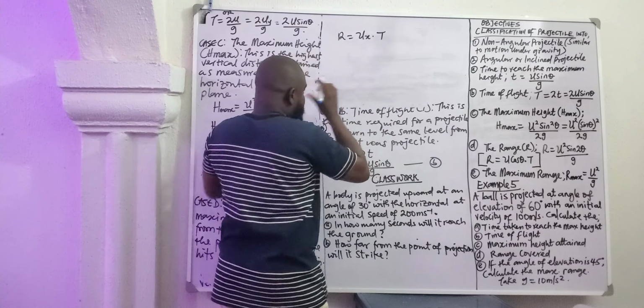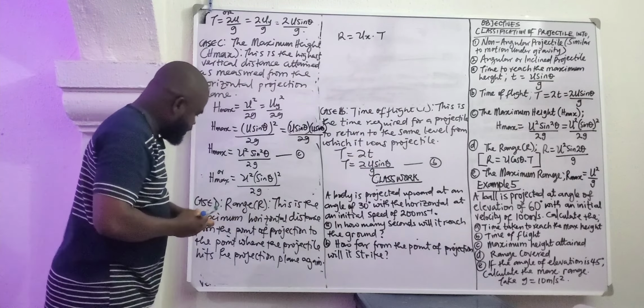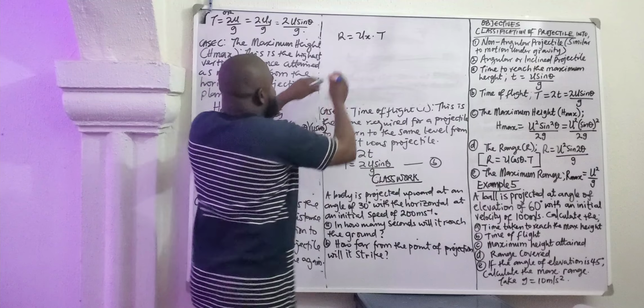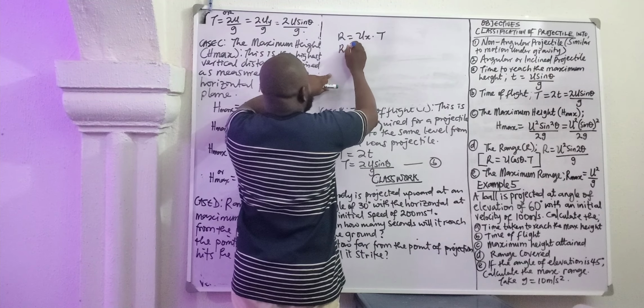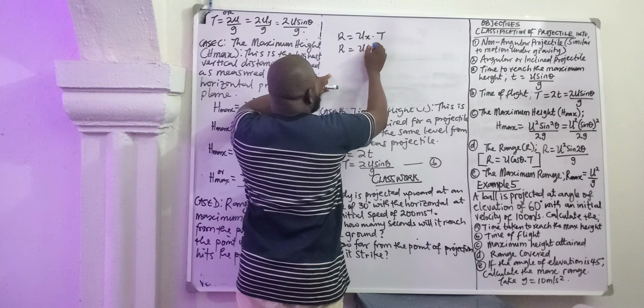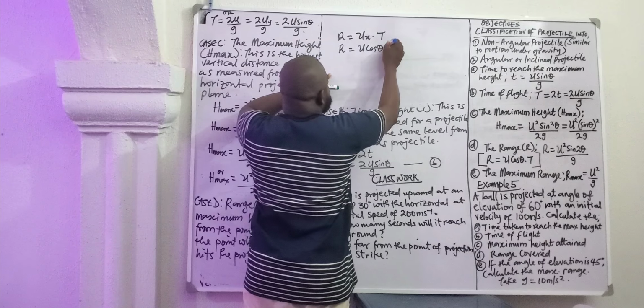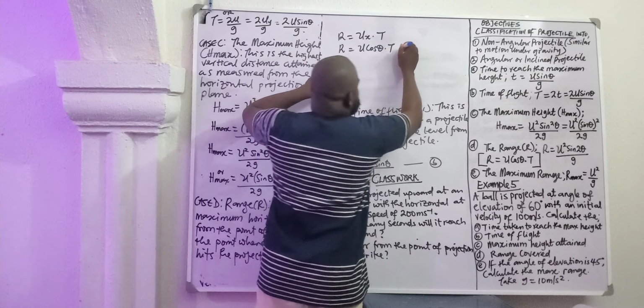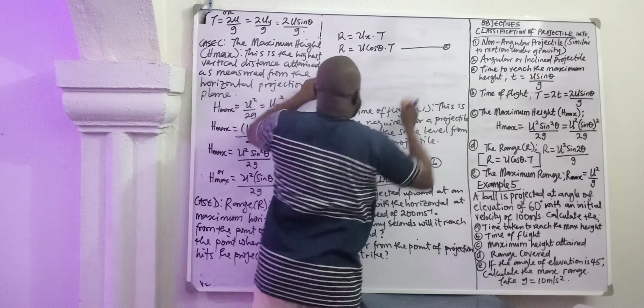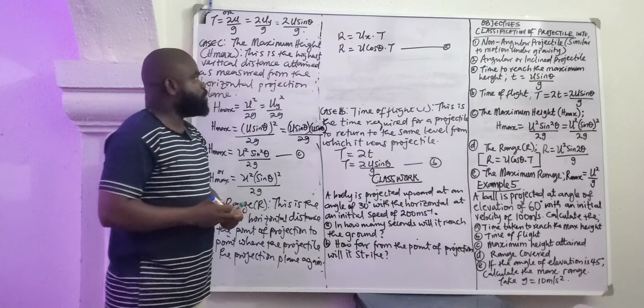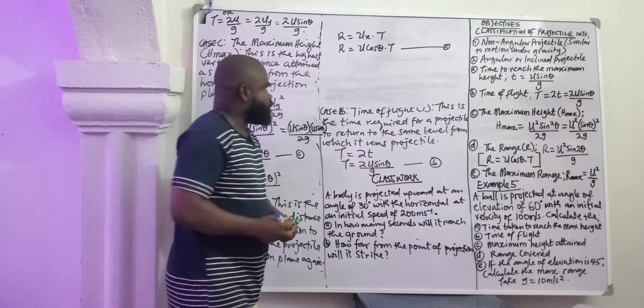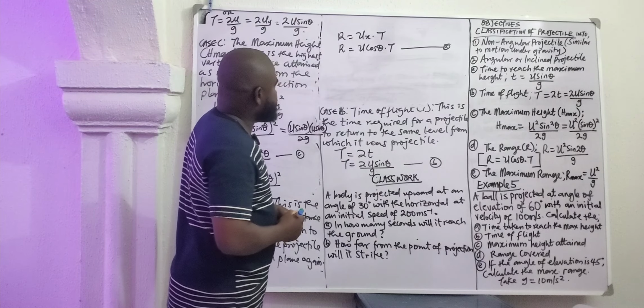Good and fine. So our horizontal component is range. This is u cos theta times T. Take note of this formula. There are questions that apply this formula on its own to solve. We will check it in subsequent classes.